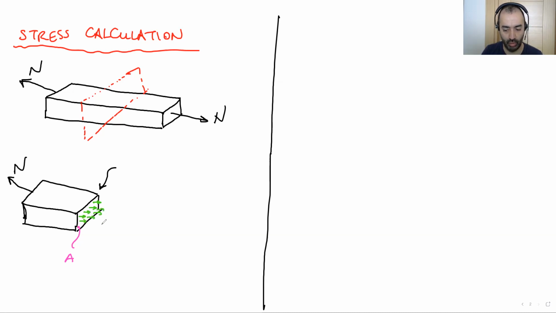How do we call this force? It's like stress. Stress was a force per unit area. Remember this definition. And also remember this sigma. Sigma shows us the axial stress. It's like a capital G, but goes up like this.